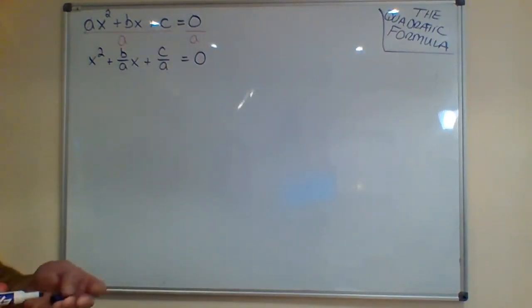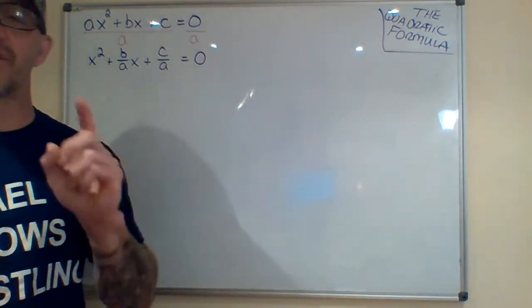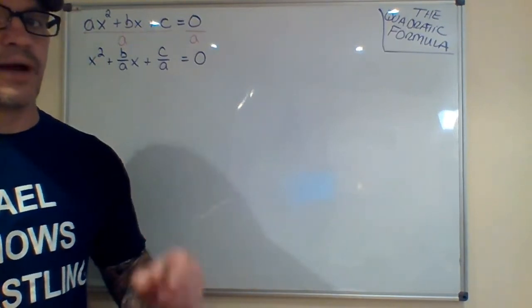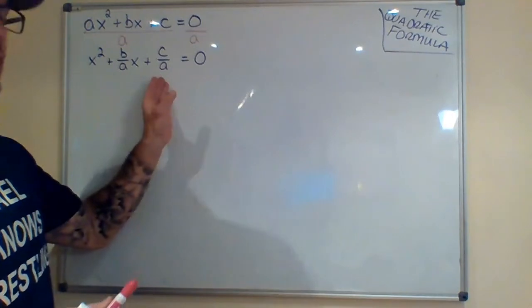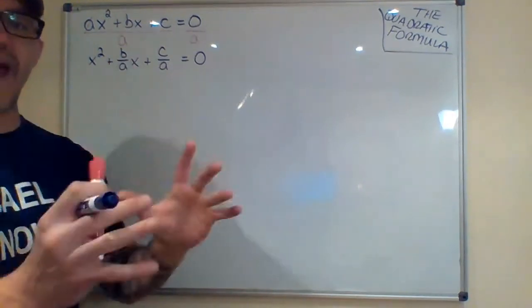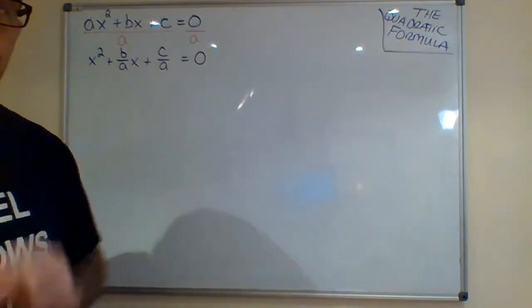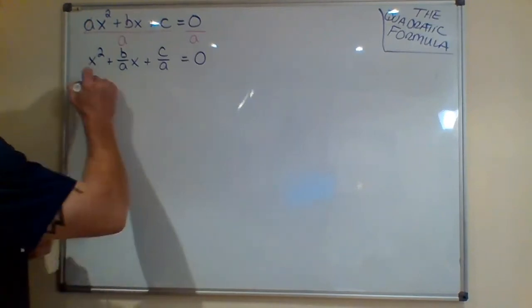So all we did so far was divide out by a to ensure that our x squared has a coefficient of 1. Now, big thing with completing the square: we want to make sure that we get a new constant value that makes this factor as a binomial squared. So I'm going to get rid of that one and get a new one. I'm going to subtract c over a from both sides.